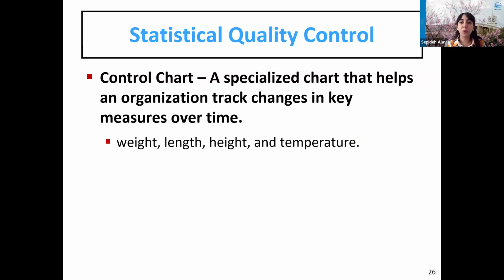Statistical quality control is another approach for continuous improvement. As we want to monitor and control the processes in the manufacturing setting, we can use the control chart, and it helps the company track changes in their key measures over time. Those measures are such as weight, length, height, width, or the temperature for that item, or any other physical attribute related to the item being produced.